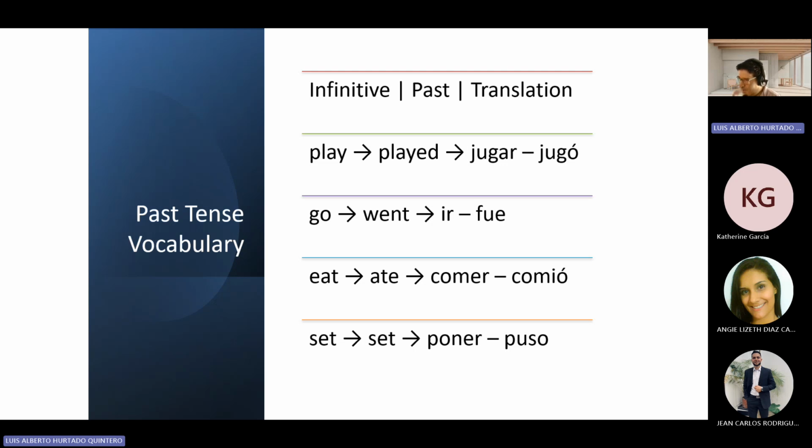And for the verb eat, the past is ate, y the translation is comer o comió. And the verb set, which is an irregular verb, the past is set, and the translation is poner o puso. Pues también tiene otras traducciones, que es otro tema que trataremos un poco más adelante. Okay.